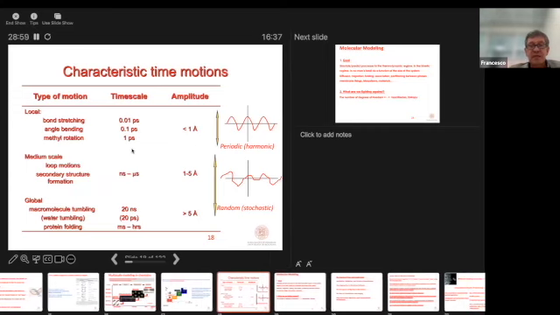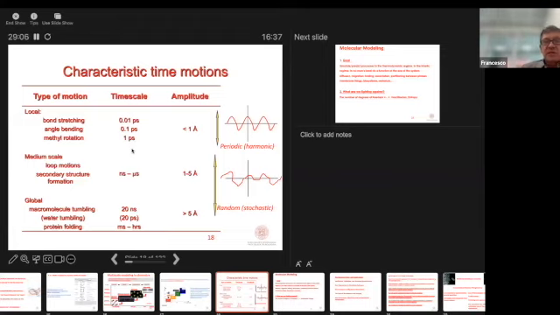Okay, so let's see in a bit more detail what the characteristic times of the motions are. If I have 2 atoms that are connected by a chemical bond, then the bond can elongate and shorten in time, and the bond stretching is typically in a fraction of a picosecond, say 0.01 picosecond.